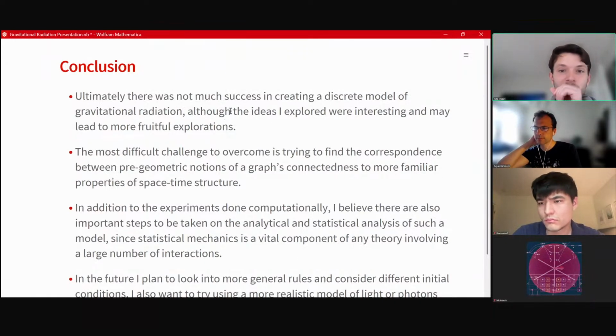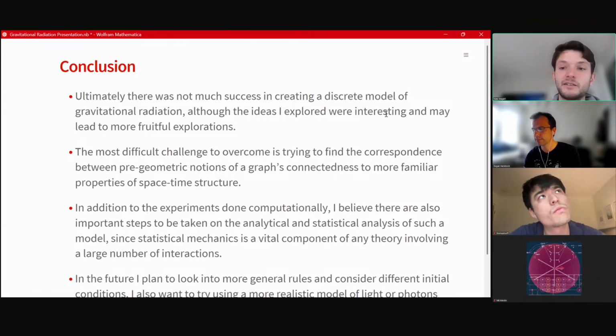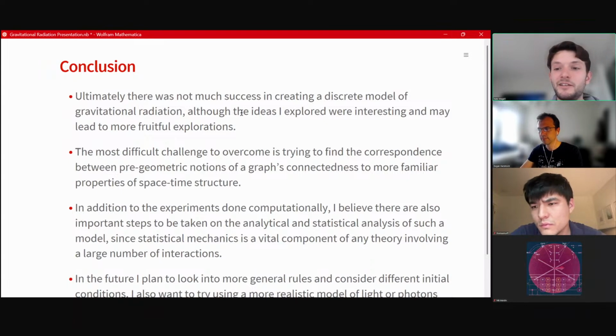So even though I didn't really have much success resembling gravitational waves with the Wolfram model, I did explore a lot of interesting ideas, and I learned a lot about general relativity in the process, which was great.